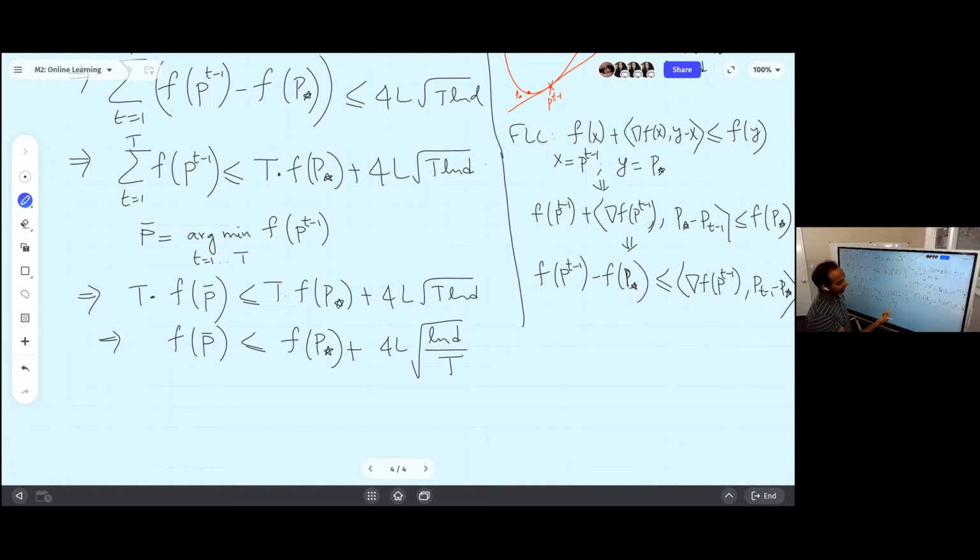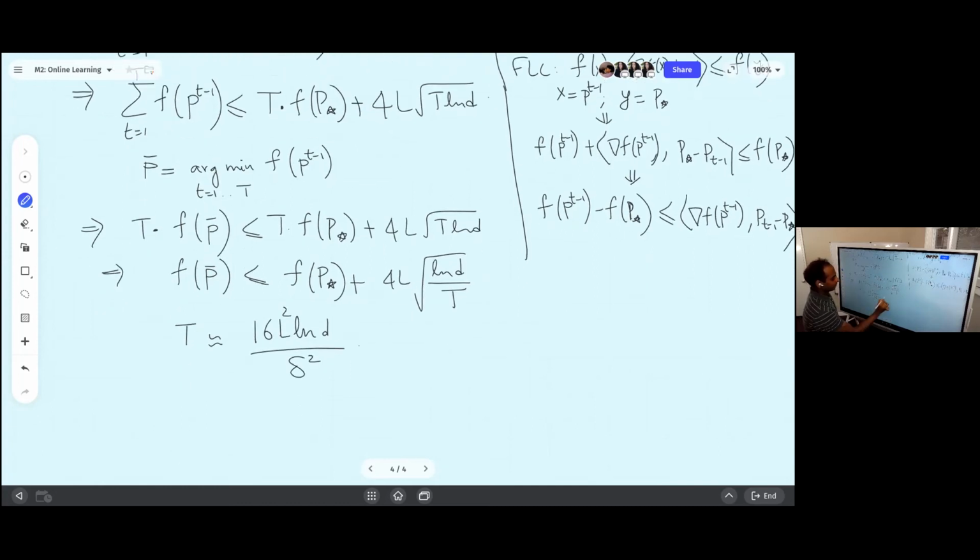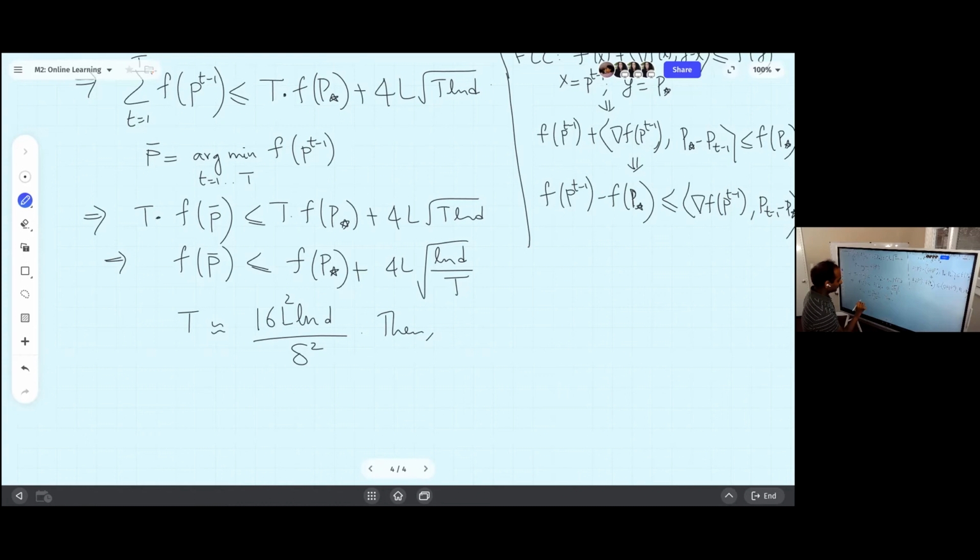In particular, if I set T to be something like 16 log d L squared divided by delta squared, then f of p bar is less than or equal to f of p star plus delta.